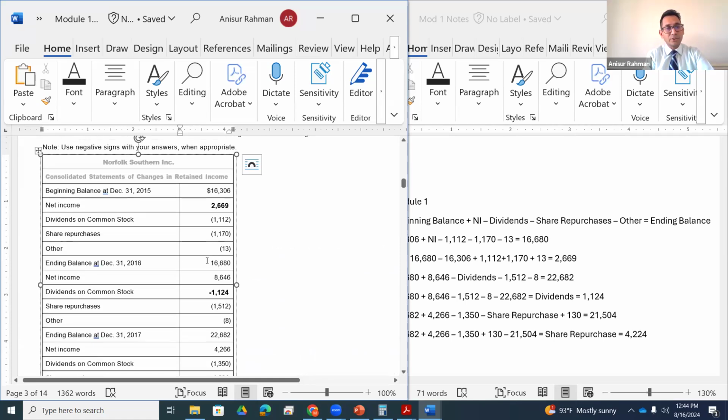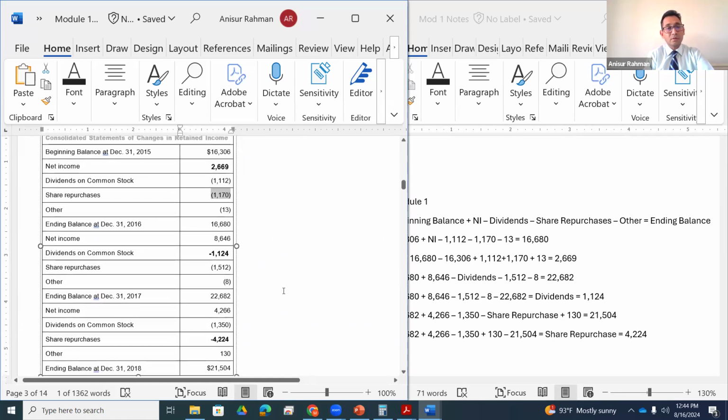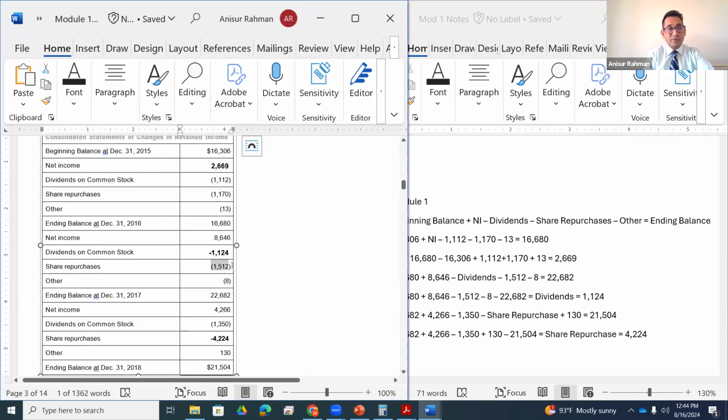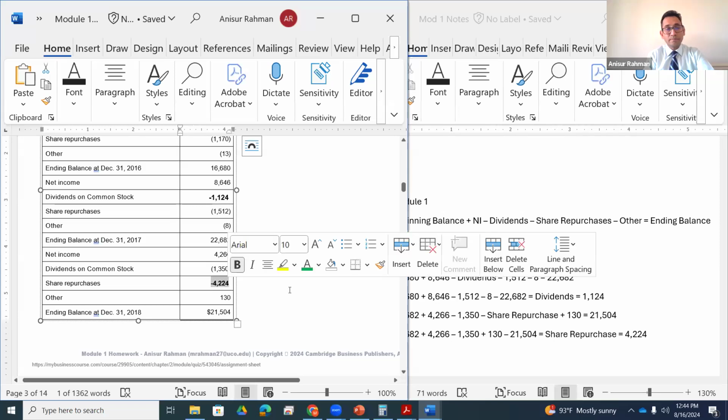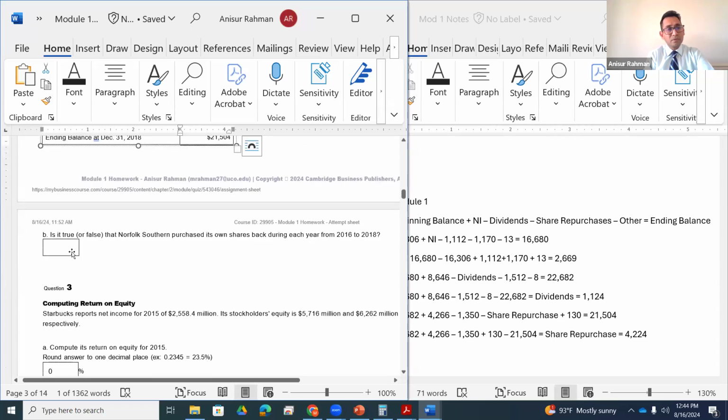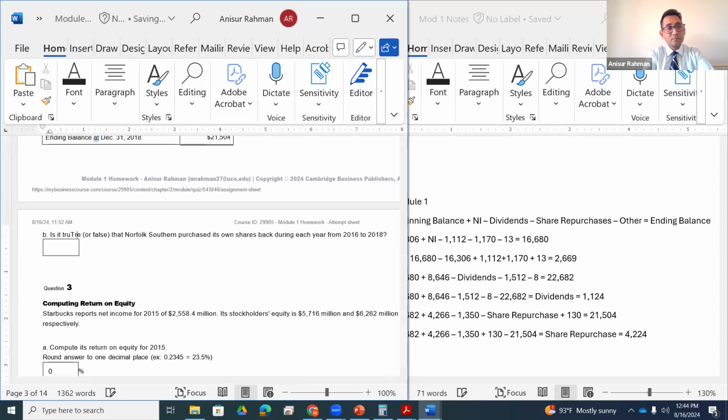So we have to see whether share repurchase is negative in every case. It is negative here. It is negative here. It is negative here. So true. This will be true.